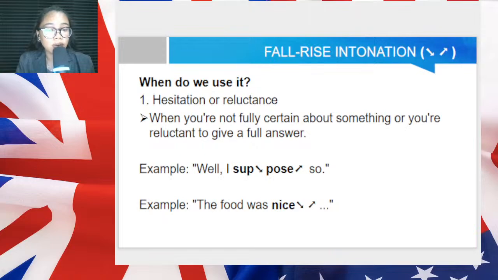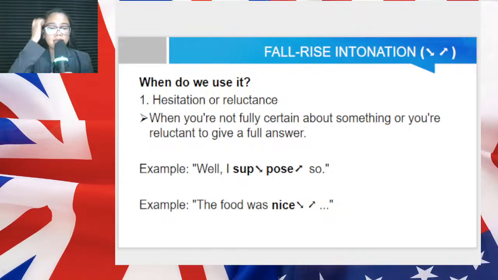The initial fall might suggest an inclination just to provide some information, but the subsequent rise immediately introduces the reservation. It signals that the answer is not entirely enthusiastic, not complete, or not without caveats.